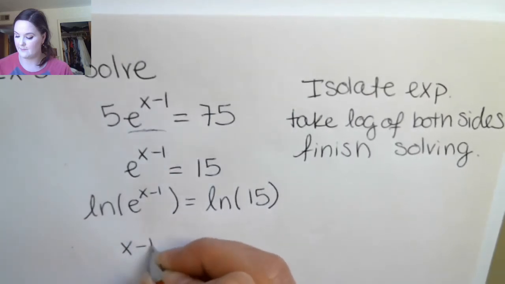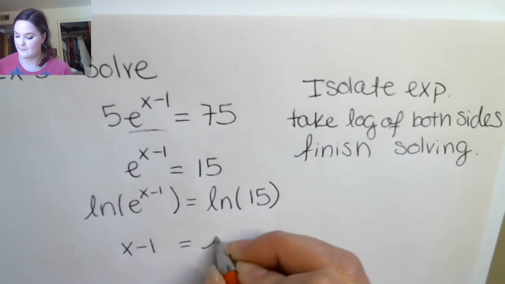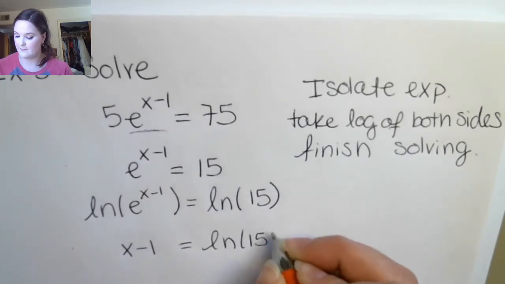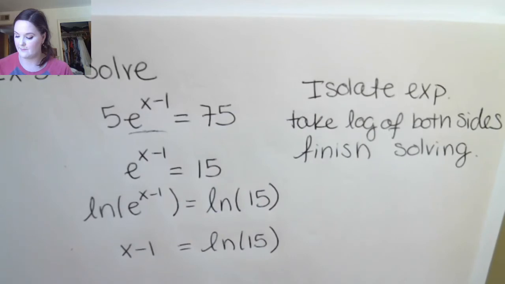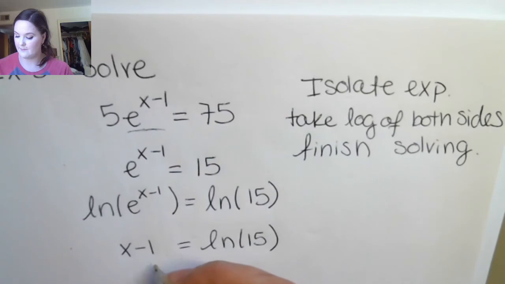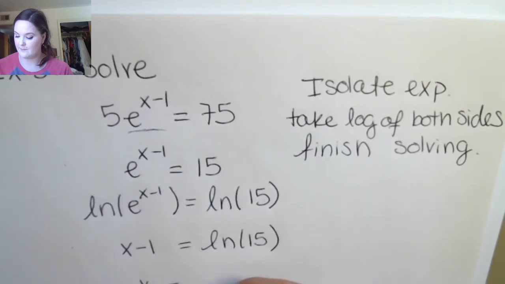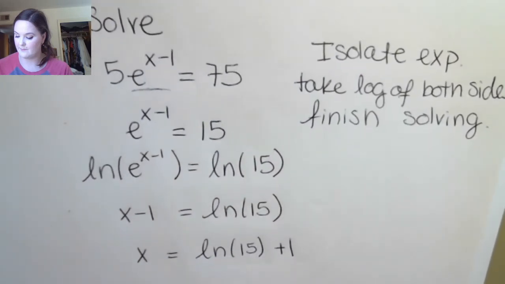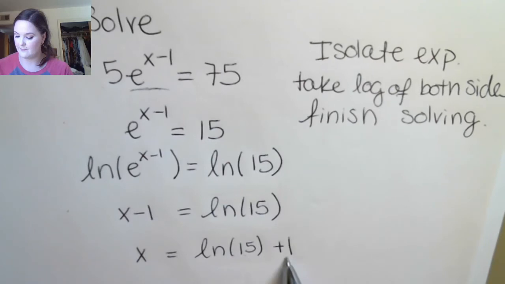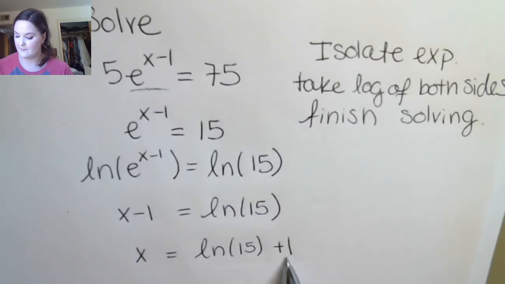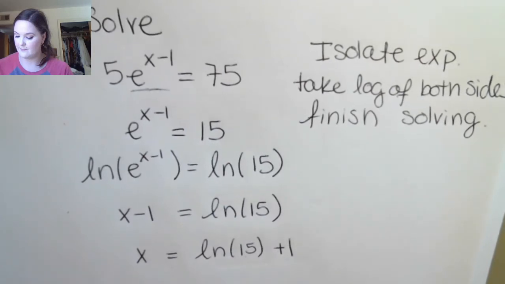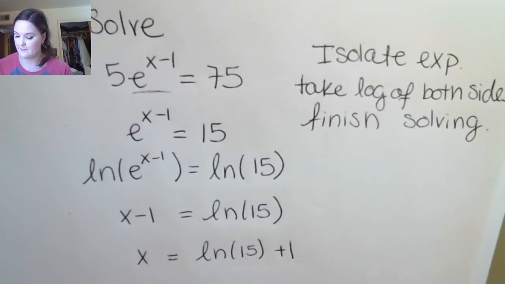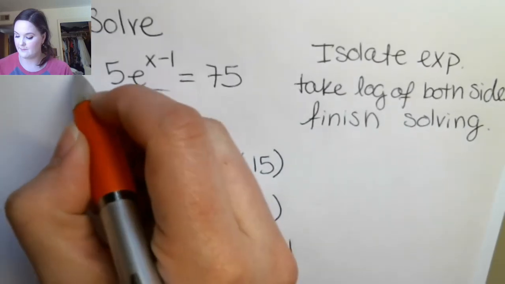So it's x minus 1. And you can't simplify natural log 15. That's just a numerical value. And then the last thing we need to do to finish solving this is to add 1 to both sides. Now I wanted to emphasize that there's no way to combine these two terms, so please don't worry about combining those. Okay, let's look at another example like this.